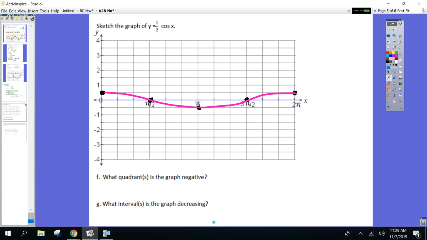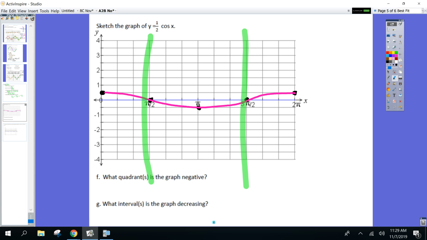Darn right. What quadrant is this graph negative in? I remember we're doing the cosine curve. So basically, negative means below the x-axis. So it looks like from here to there, it's negative, right? Below. So what's pi over 2 again?